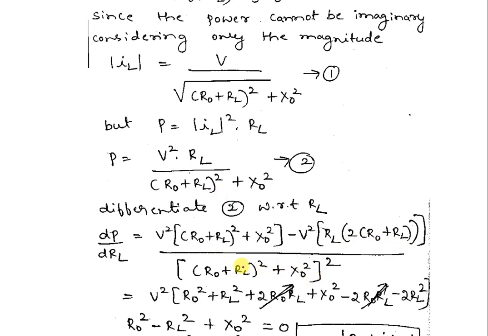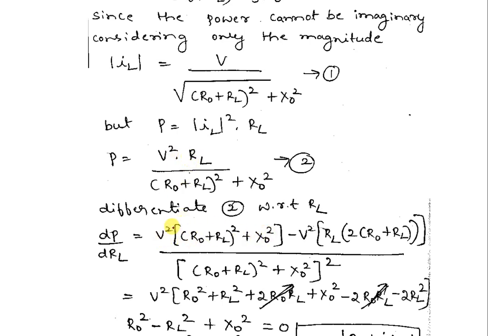The denominator is (R naught plus RL) square plus X naught square, and the whole denominator is squared. Then you write the denominator as it is, and differentiate the numerator: V square is a constant, and the differentiation of RL with respect to RL is 1.